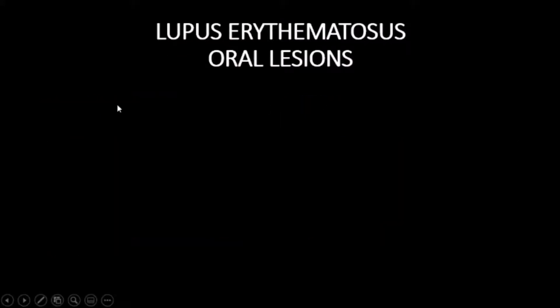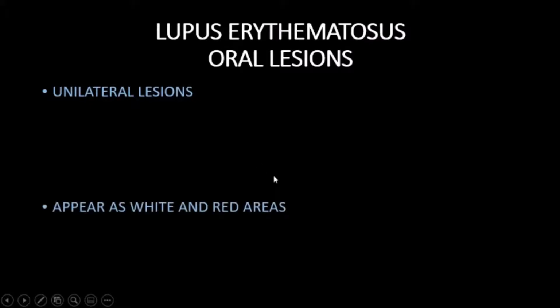Now, if lupus is manifesting some oral lesions, what kind of lesions are there? These lesions could be unilateral, which means they might be present only on one side of the mouth, and they appear as white and red areas.